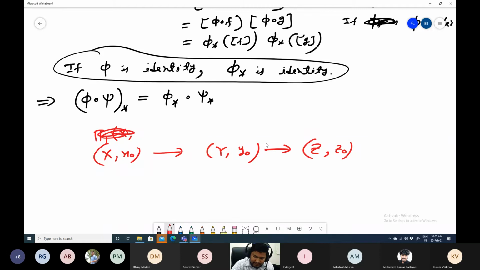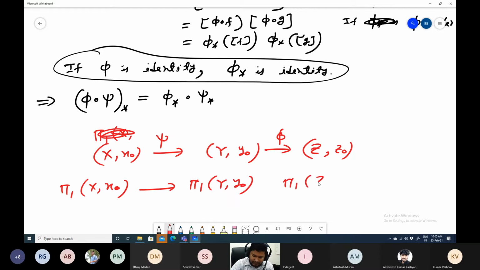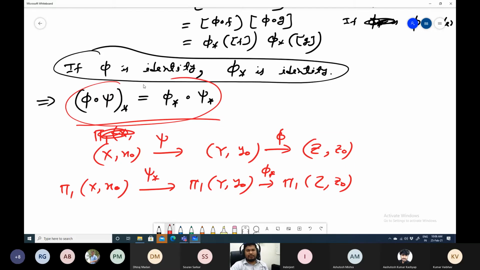Now we have defined that is psi, that is phi. Then pi1 (x, x0), pi1 (y, y0), pi1 (z, z0). Now this is equal to this. Also you can just use the definition, then you will get this one as well. Both of these are fine.